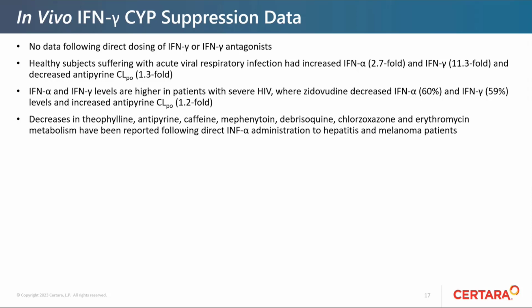Okay. There are a few reports linking interferon gamma to CYP suppression in vivo. There are no data following direct dosing of interferon gamma or interferon gamma antagonists, unfortunately. Some examples are highlighted here.